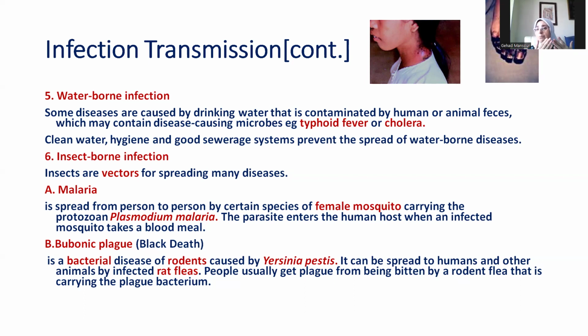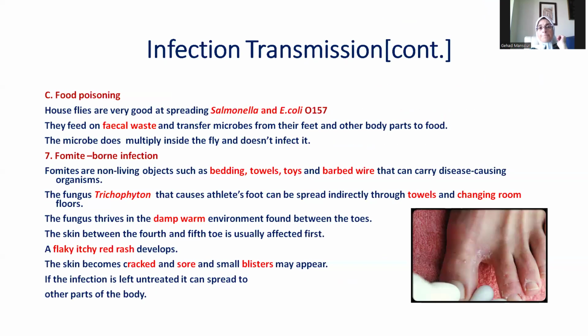So if the blood flow does not reach the periphery or the toes, then this part of the foot will die. As we've said, food poisoning results from Salmonella mainly and E. coli, and they come from fecal waste. That fecal waste can come from the hands of food handlers or from house flies.